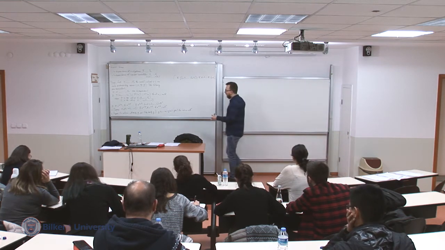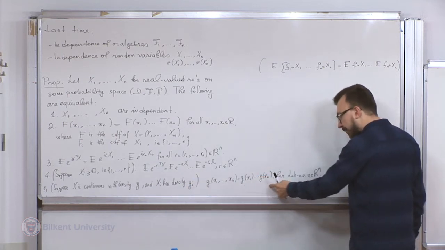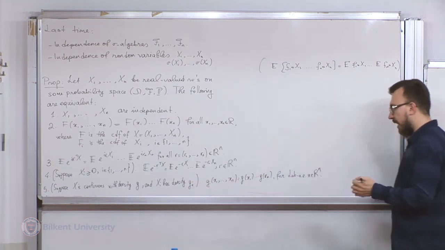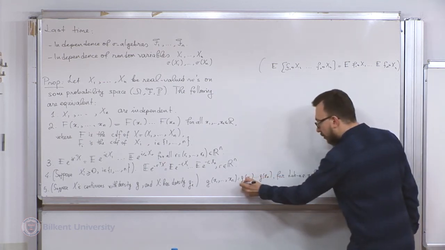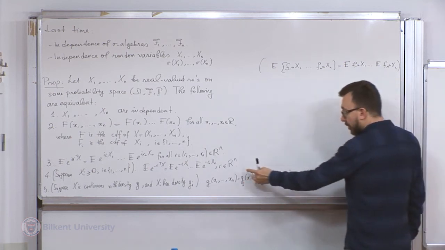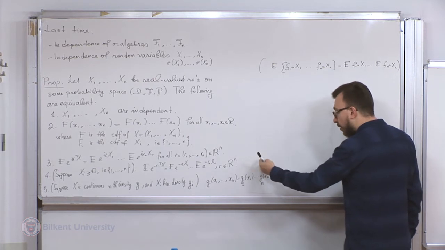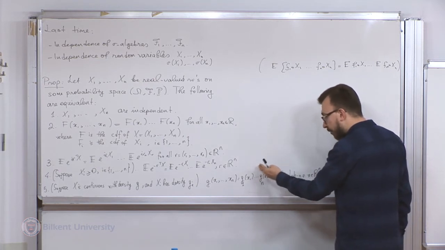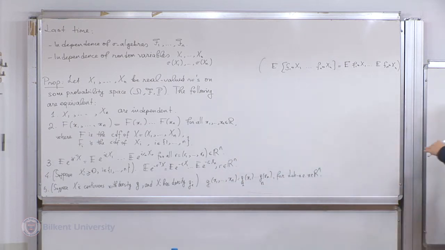So I cannot just say there is one joint probability density function and it is the product of the unique probability density functions of the components, but I should rather say if I have G1, Gn, it's a typo. So if I have G1, which is a version of the probability density function of the first component, and Gn, which is a version of the probability density function of the last component, then their product is a version of the probability density function of the vector. This is the more precise way of saying it.